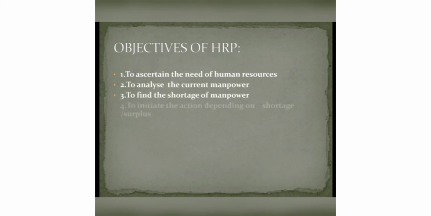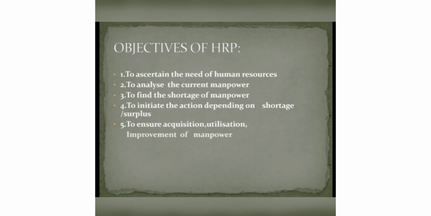So from the definition, now objectives become very clear. I'll just swiftly go through this slide: to find out the need of manpower, then to analyze the current manpower, to find out the shortage, to initiate the action depending on the shortage, right? And to ensure the acquisition, utilization, and improvement of manpower.